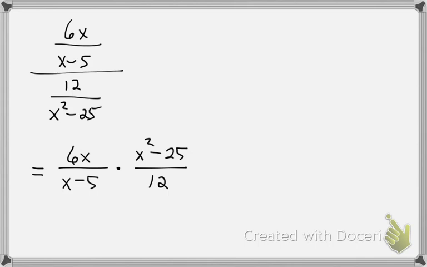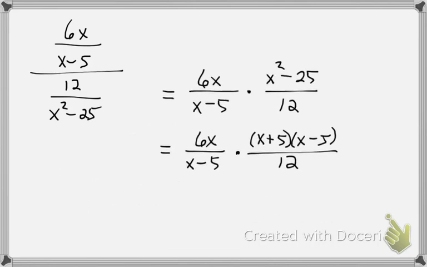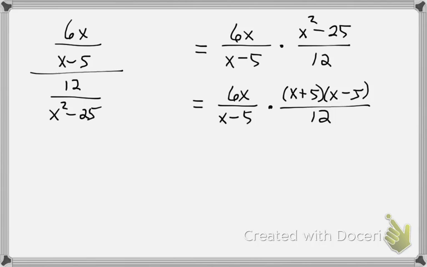Factor everything completely. All right? So we got 6x, we got x minus 5, and then we got, yeah, it's the difference of squares. x plus 5, x minus 5 over 12. Now you can just connect the fraction bars because that's how multiplying fractions works.